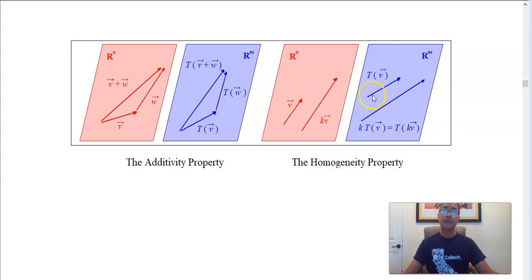V transforms into T of V. K times V will transform into T of K times V. But homogeneity says that if K times V, let's say, is twice V, then T of KV has to be twice T of V. So in other words, parallel vectors stay parallel and their constant of proportionality stays the same.